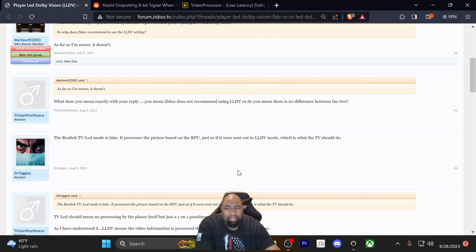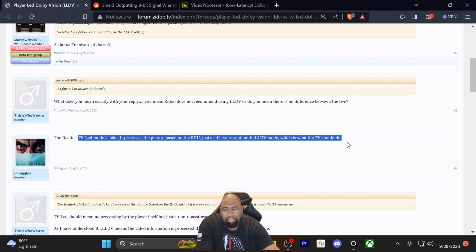I would love to hear from Doom and Zidoo themselves to see if the Realtek LED mode is fake, based off of this comment here. The picture is based on an RPU, just as if it were sent out in LLDV mode, which is what the TV should do.